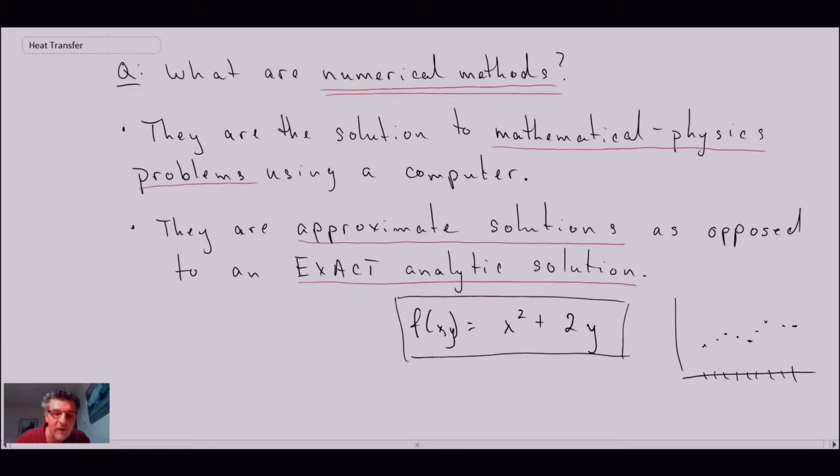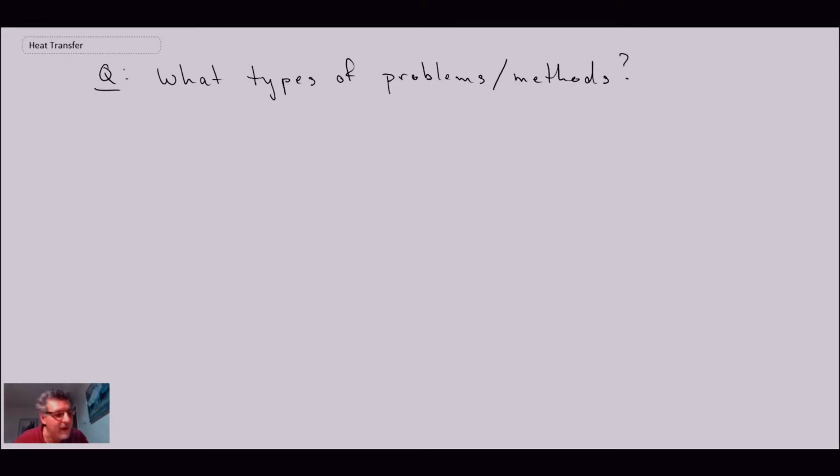And so the next question is, what types of problems can we solve with numerical methods? So let's take a look at that. And I'll also talk about what types of methods we might use. If you take a course in numerical methods, quite often it will begin with very simple types of problems, and usually it'll begin with interpolation of a function.